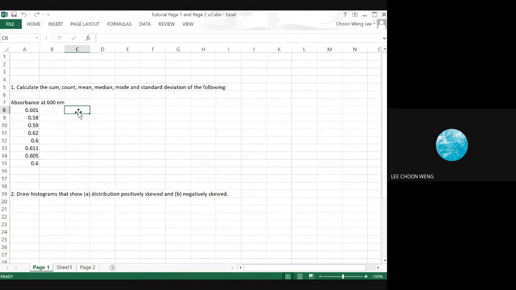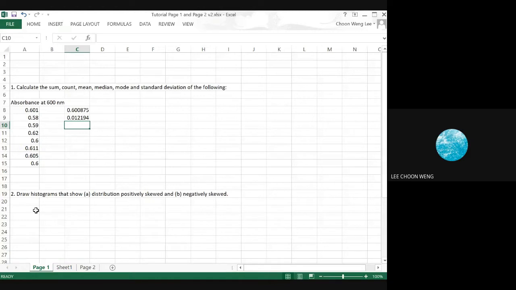Of course, if you can remember your formula, you can just type average, highlight it, then you get your average. Or if you want, you can get your standard deviation, highlight it, and then you get your standard deviation.